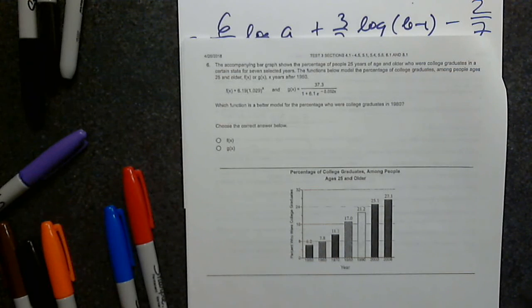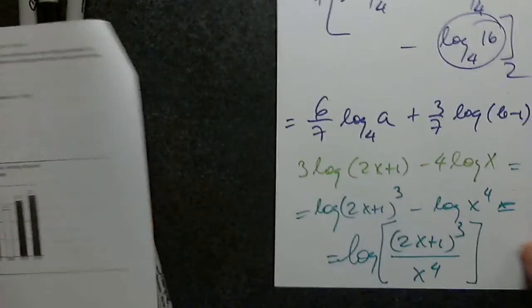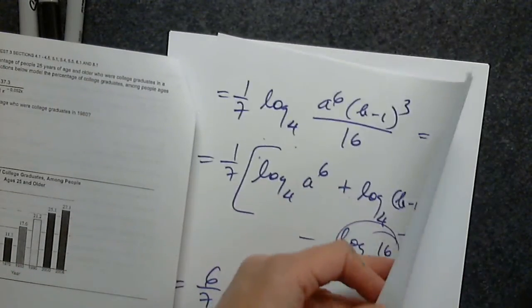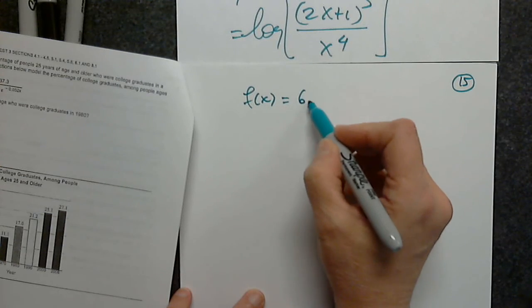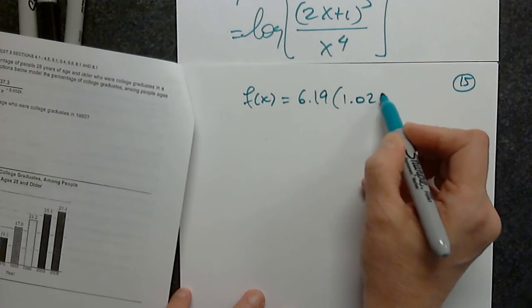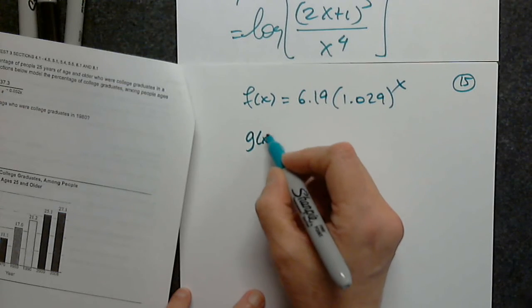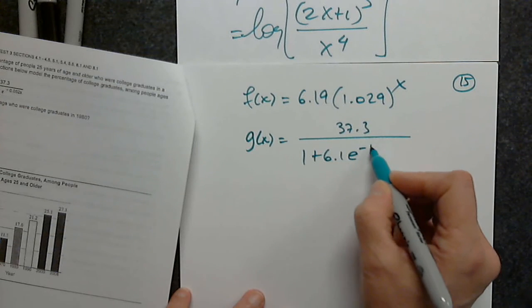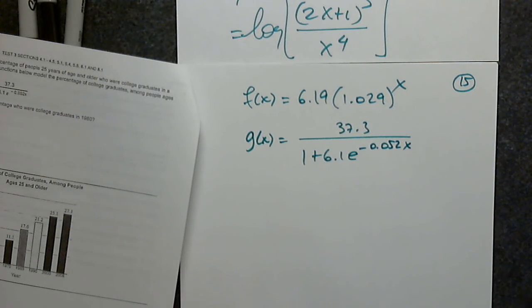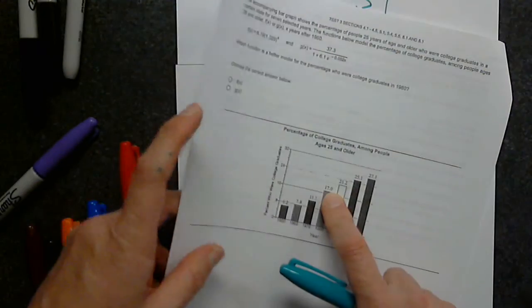We haven't checked for others, but specifically for 1980, we're asked to check. So for 1980, I see the answer should be close to 17%.